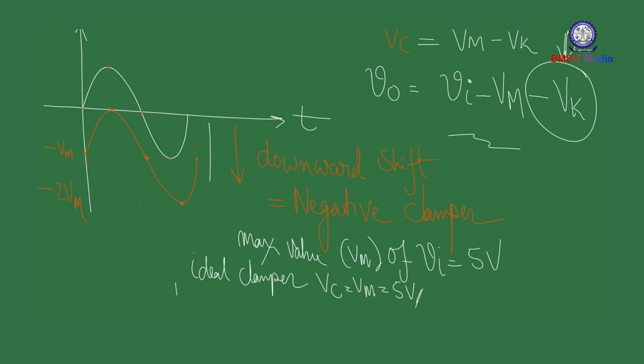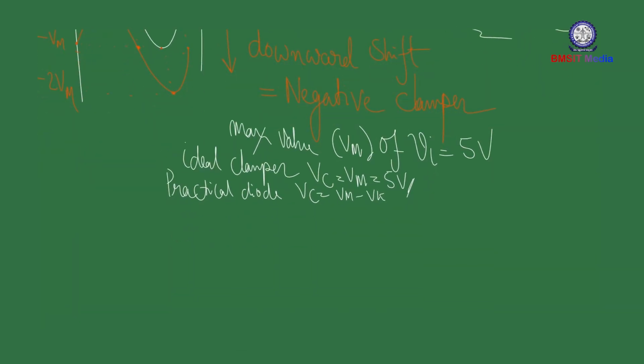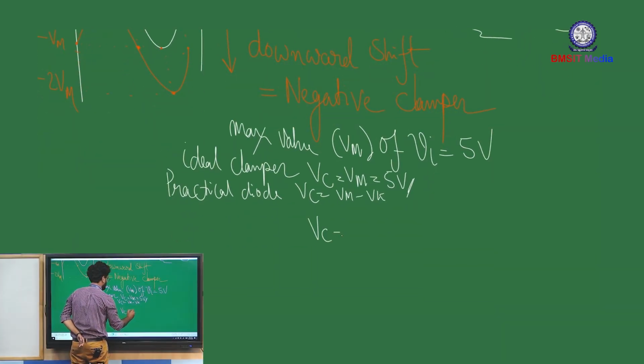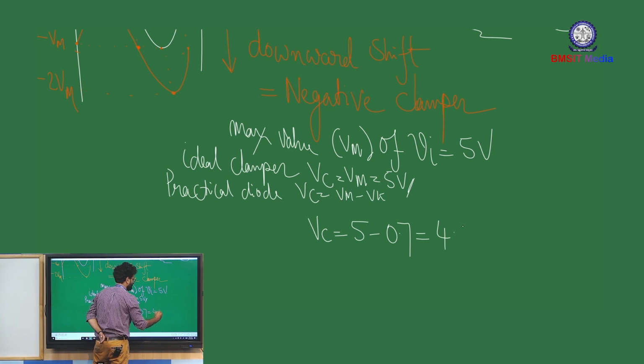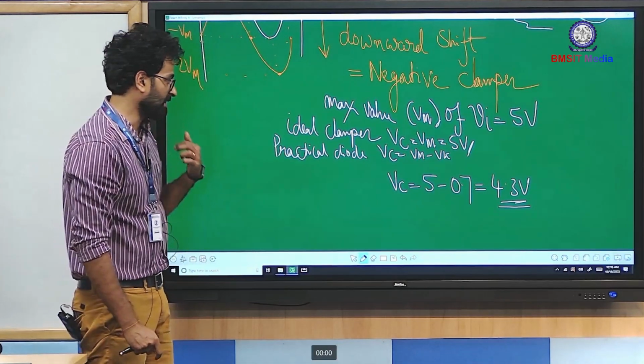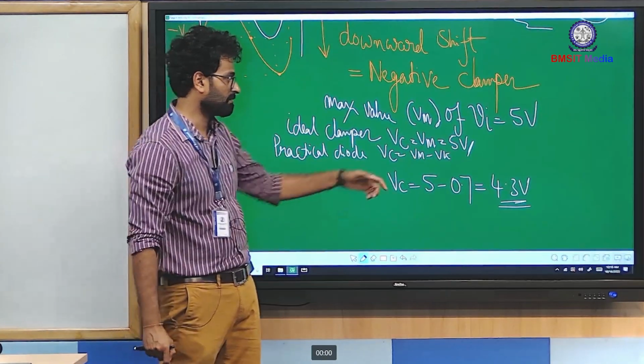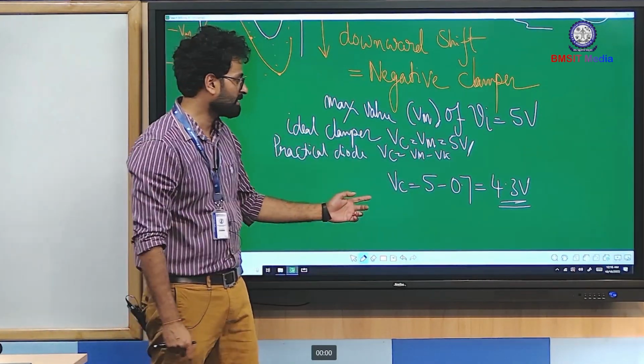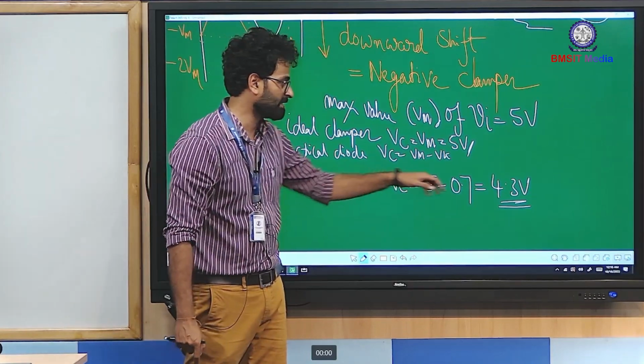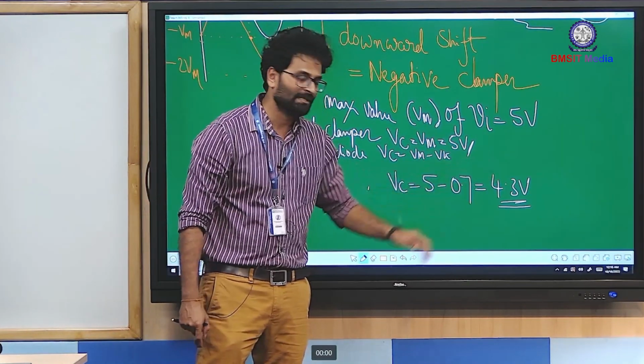On the other hand, for a practical diode, Vc is Vm minus Vk, so Vc is 5 minus 0.7 for a silicon diode, that is 4.3 volts. So the capacitor will not get charged to positive maximum; instead it gets charged to a value slightly less than positive maximum.